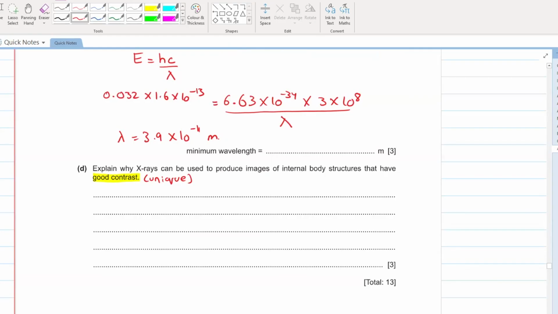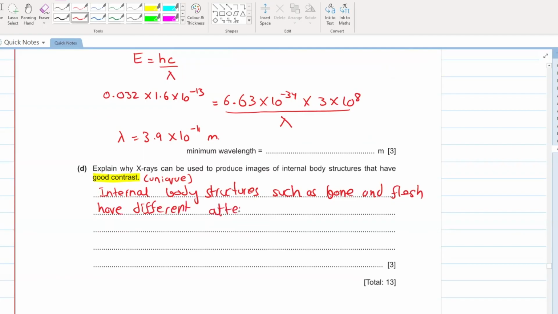Here you can say, internal body structures such as bone and flesh have different attenuation coefficients.